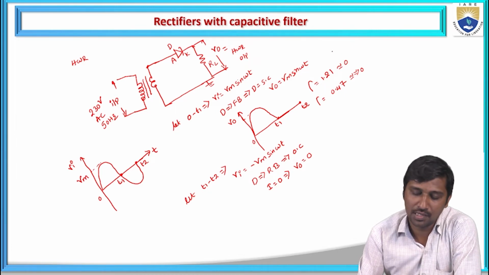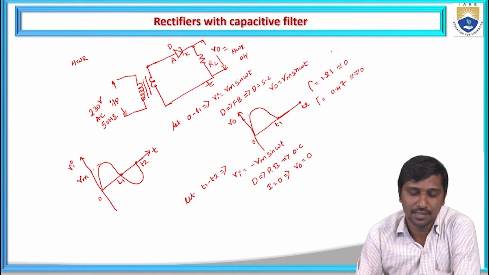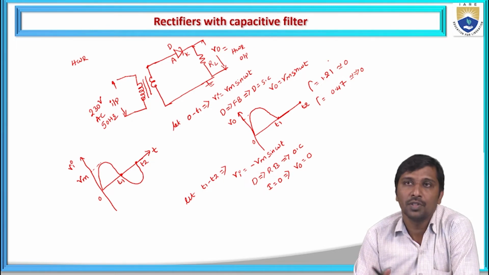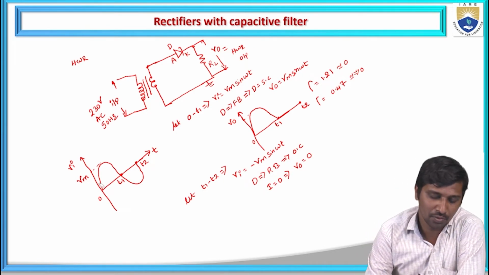For that filter concept, I'm going to use a capacitor, by adding this capacitor at the end of the half-wave rectifier or full-wave rectifier, or you can also use a bridge rectifier circuit. Then we will discuss how this capacitor reduces the AC components from any one of the rectifiers.